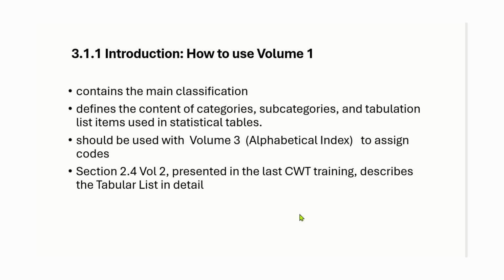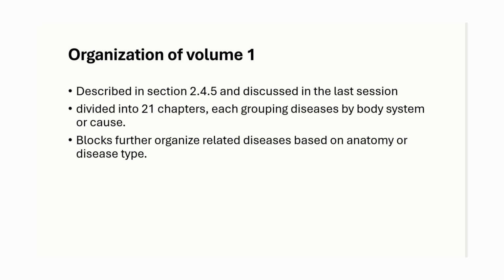Section 2.4, volume 2, was presented in the last training, which describes the tabular list in detail. The way volume 1 is organized was described in section 2.45 and it was discussed in the last session.